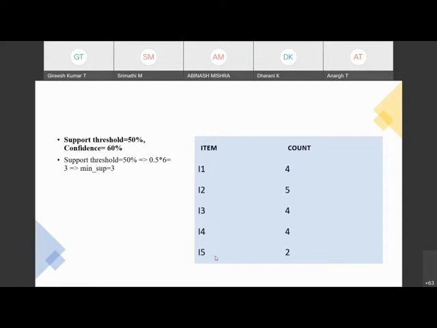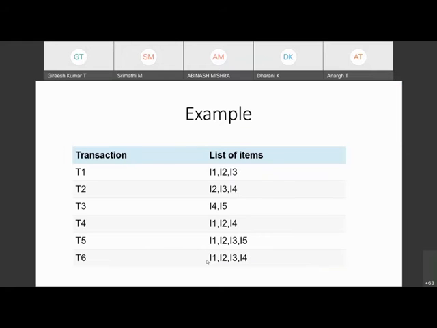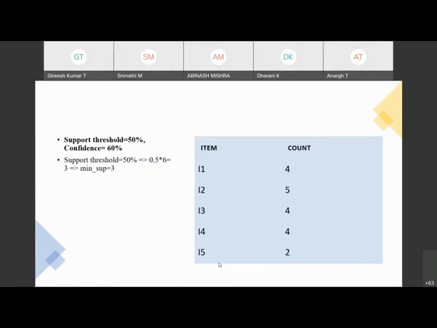Now go to the database again and look at item number 2. Item number 2 is present in the first, second, third, fourth, fifth, and sixth transactions, except one. Totally 5, so here I wrote L2 as 5.